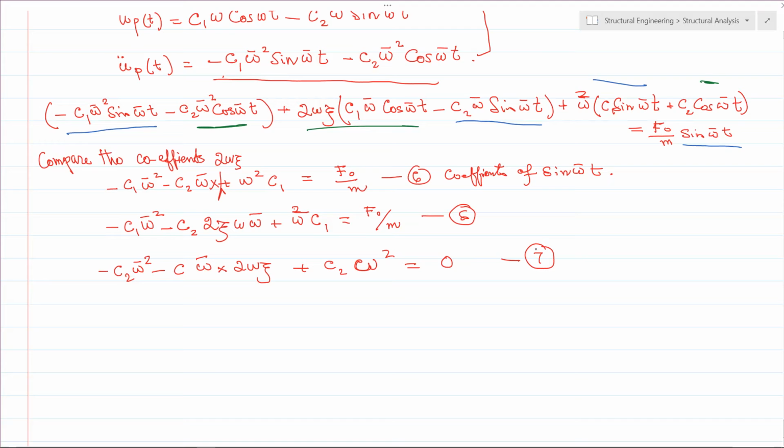So these are the coefficients for cos, and the coefficients for sine we have segregated. And now let us try to solve for C1 and C2.